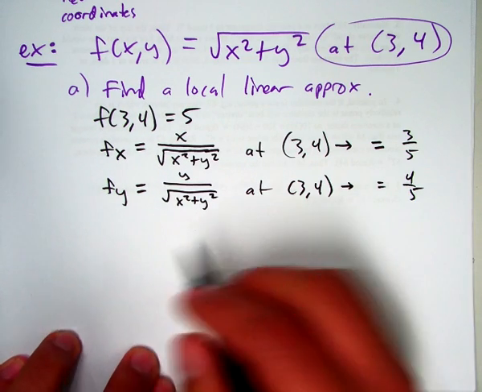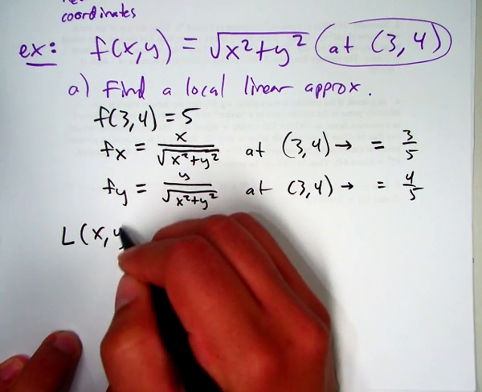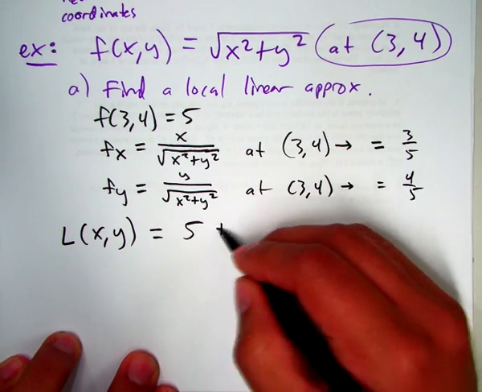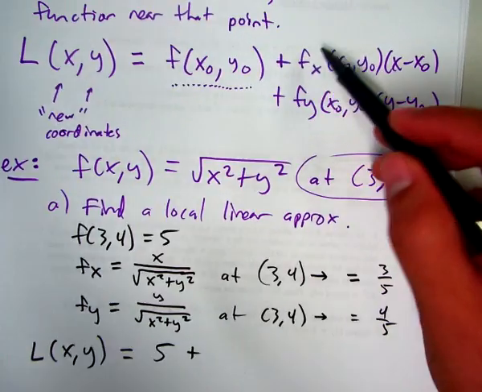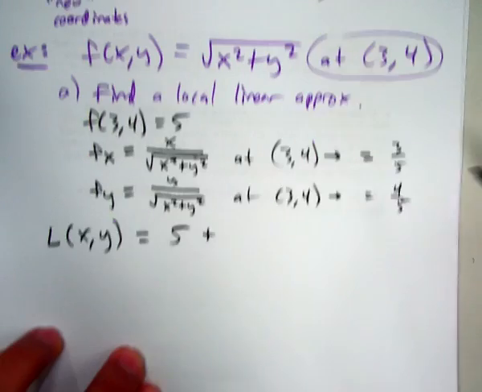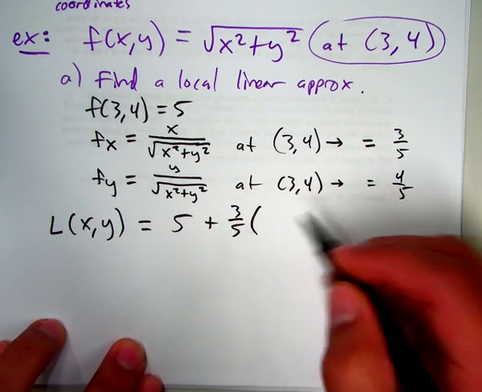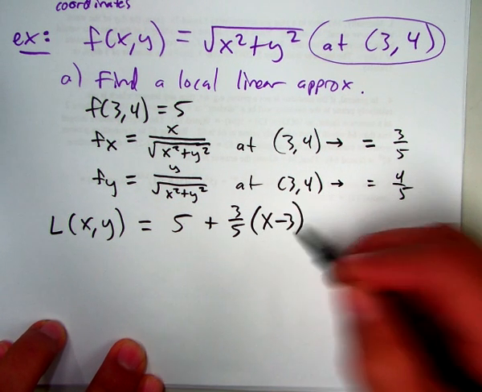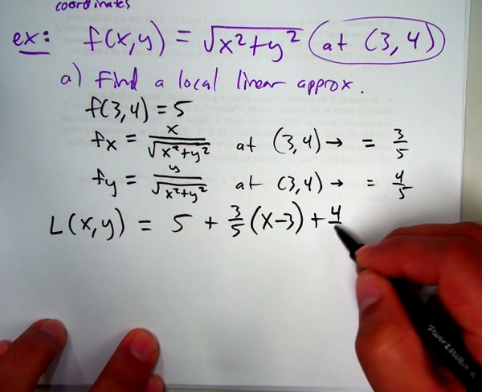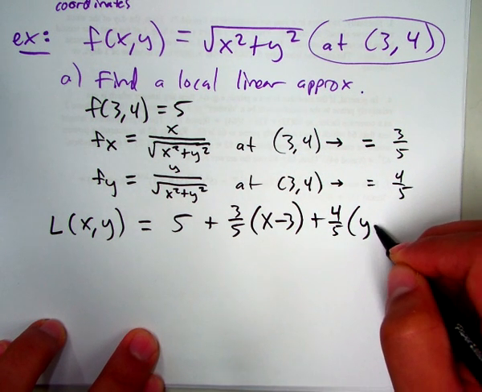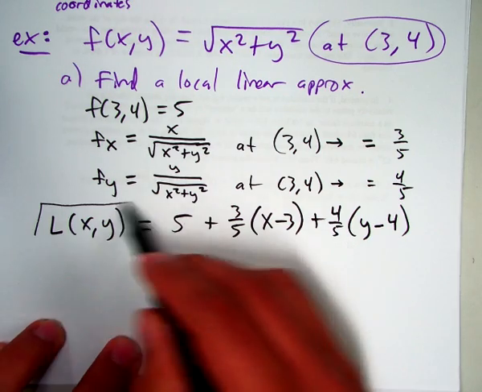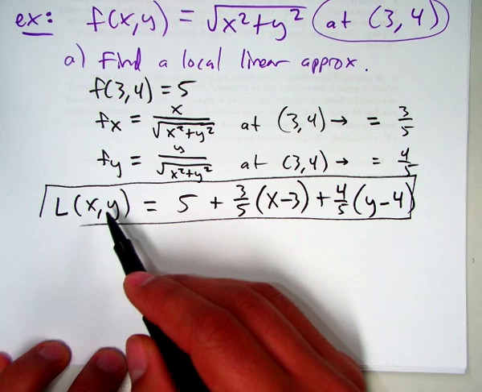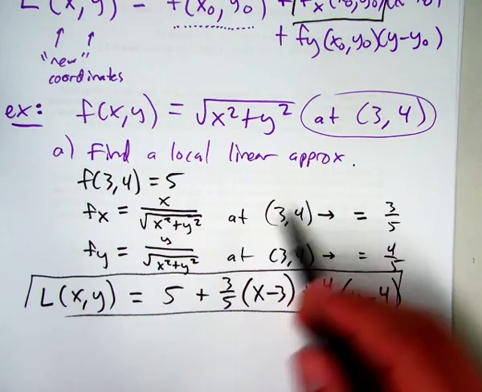So now our function L of x, y is going to be the initial point, which is 5, plus 3/5 times x minus 3, plus 4/5 times y minus 4. Okay, so this is your local linear approximation. This will approximate any z value, as long as the coordinate is near the point 3, 4.